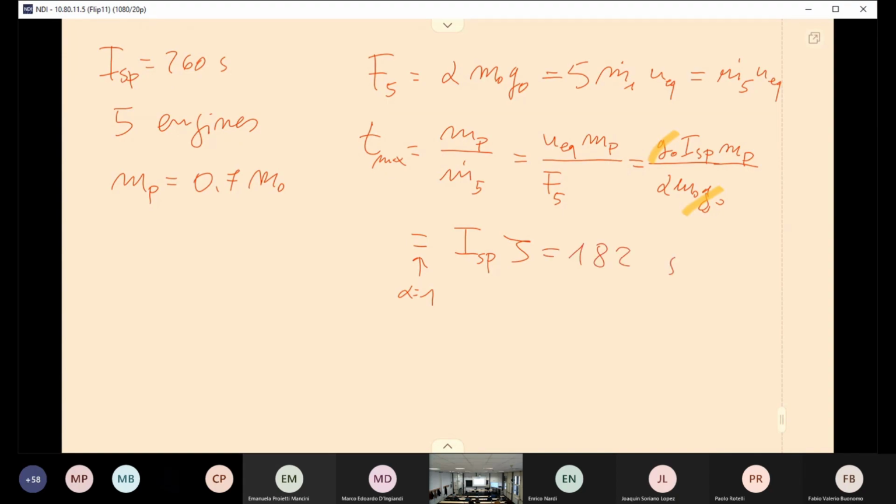Now, if after 10 seconds one of the 5 engines fails, how long will it take to consume all the propellant? To do that, we have to consider now that the propellant mass will be the sum of 2 contributions.